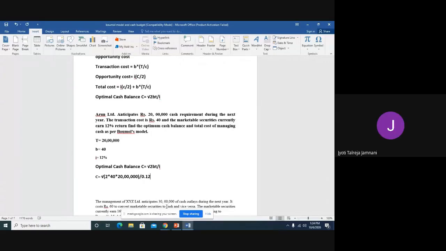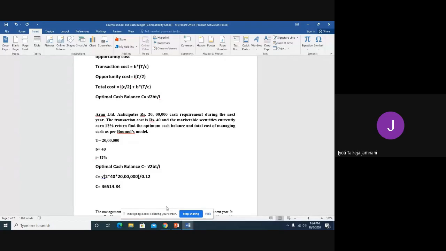You have to find the square root of that. Square root of it is 36,514. Yes, ma'am. C is equal to 36,514.84, or we can also take it as 36,515.